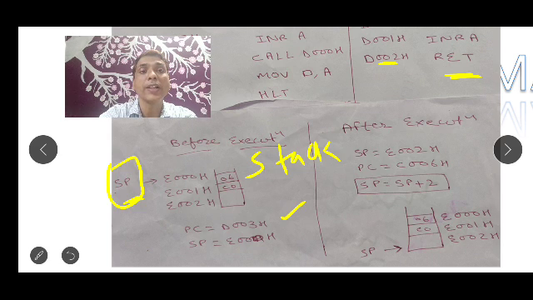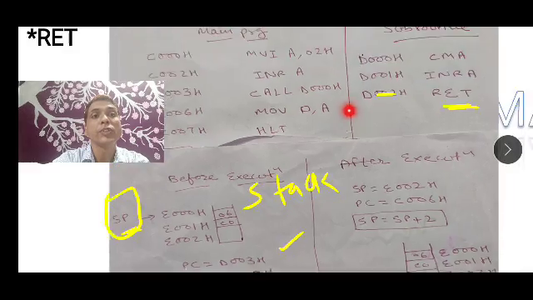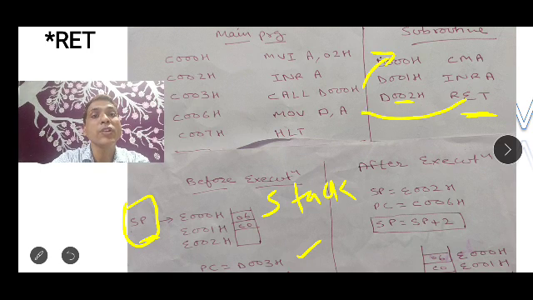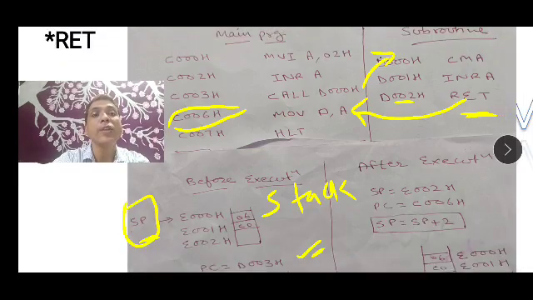Whatever is there on the stack, this is the address C006. From the call instruction, what happens, it has gone there, to this side. But when you see the return instruction, it will come back. But when it comes back, it has to start from C006 onwards. That's why program counter is at what position right now? D003. And when you come back, you have to start from where?